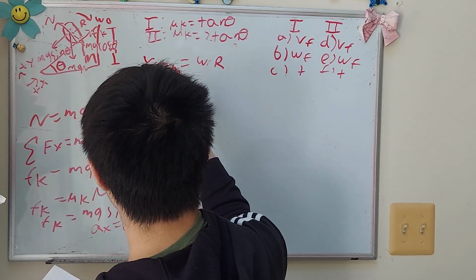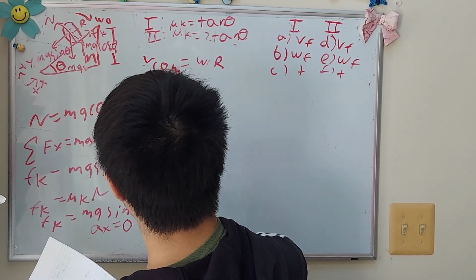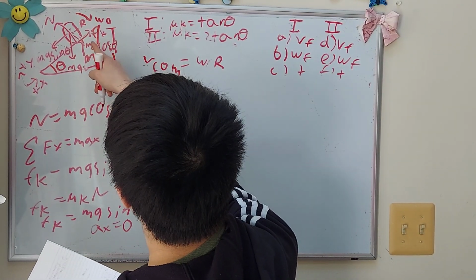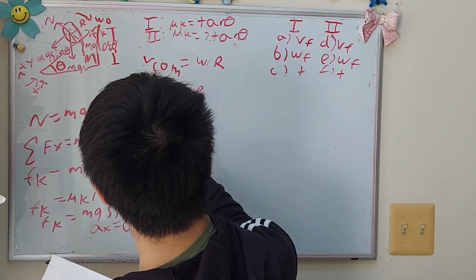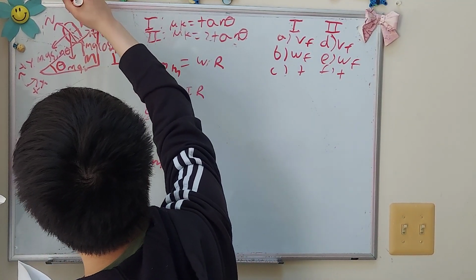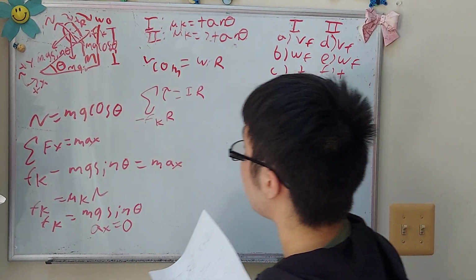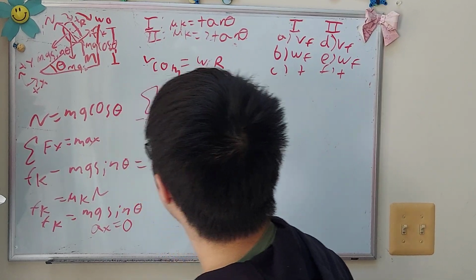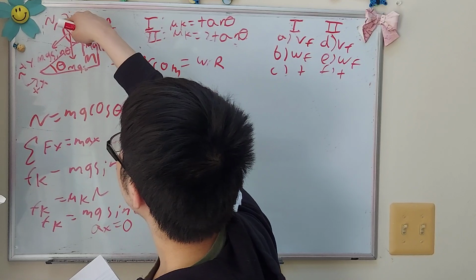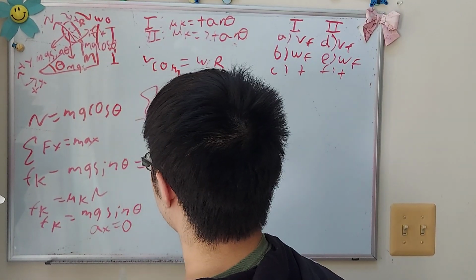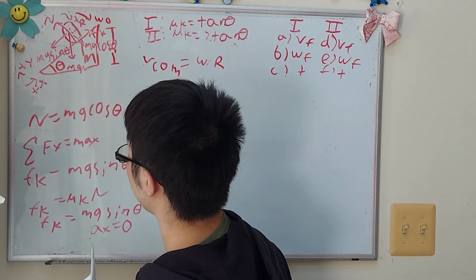If we talk about net torques, the only torque we have here is kinetic friction in the clockwise direction. If we assume clockwise to be positive, that means it's negative. Normal force acts towards the center of mass, so the angle between that force and the distance it is acting on is 0.